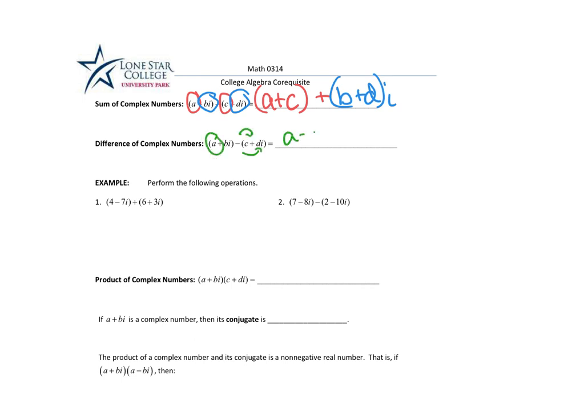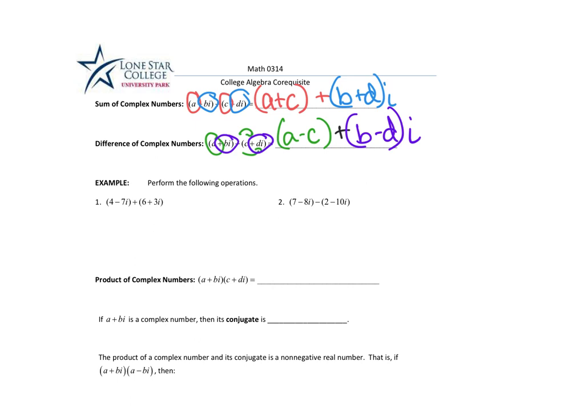So you get A minus C plus here, BI, or B minus D, and then the I on the outside. So again, all you're doing is adding real to real or subtracting real to real, and then adding imaginary to imaginary. You put the I on the end.